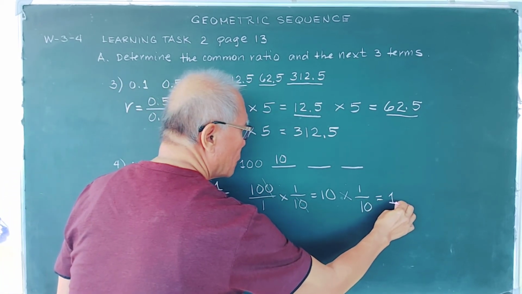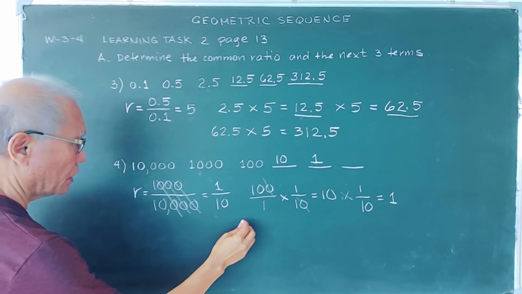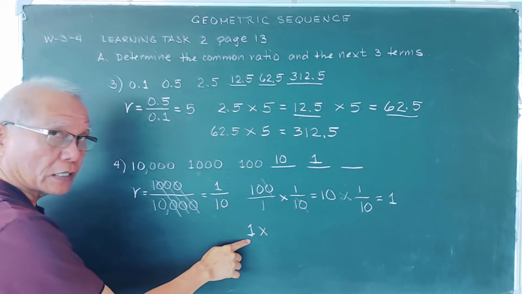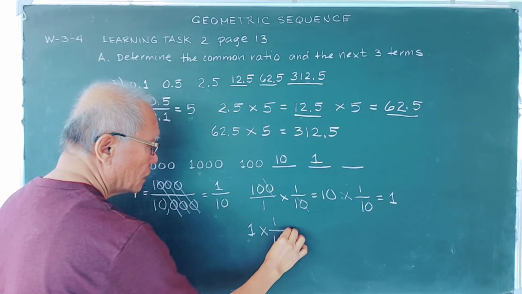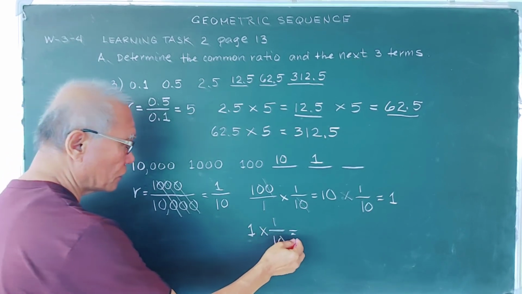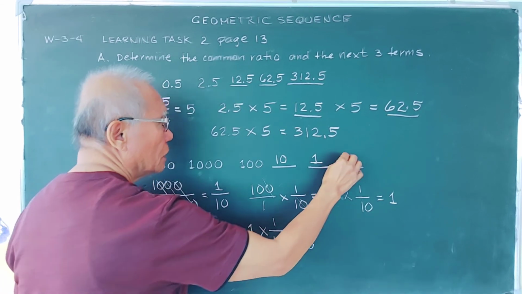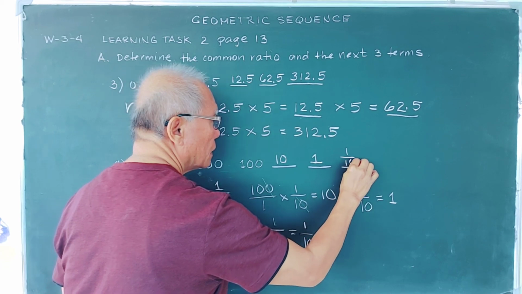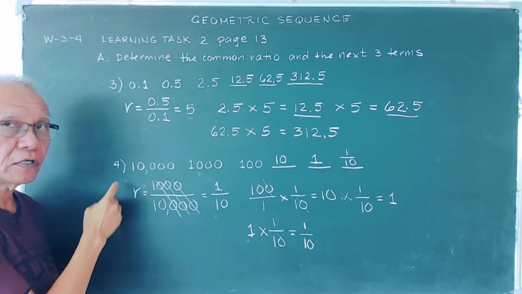So, ito ay 1. Okay. 1 na lang siya times yung 1/10. 1 times a number is equal to the number. So, this one is 1/10, 0.1. And that is our number 4.